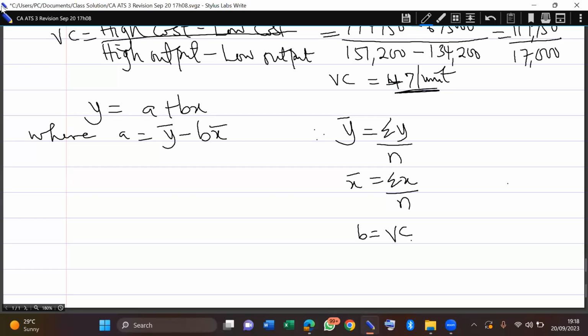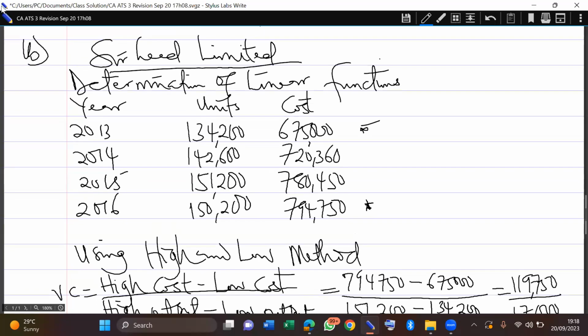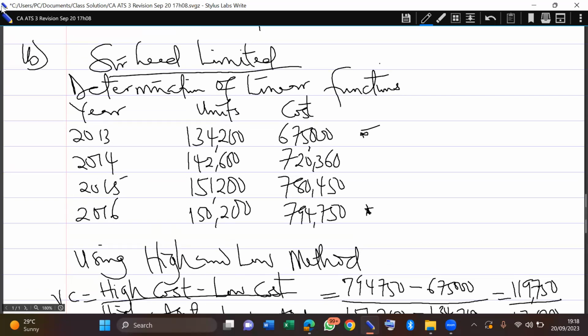Is that taken? Now, look at the question. Which one is our y? Which one is our x? Drawing your xy axis, what is always here? Price is always at the x.